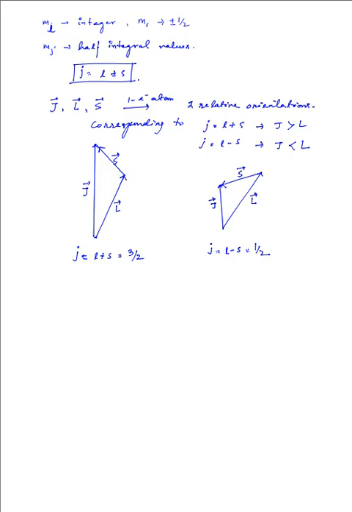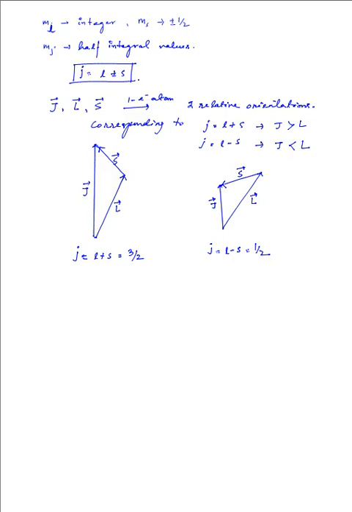In the next case, because of the minus half, the value goes down to be less than the value of L, that is, L being equal to 1, J is equal to half only.